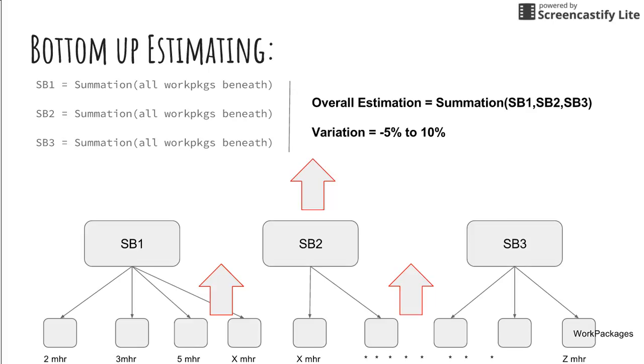And as you can see, the variation is minus 5% to plus 10%. So these are a more definitive form of estimation, and of course it will take a little time because you have to break the structure down to a more logical level, and it consumes time. So it takes time to get such estimates.